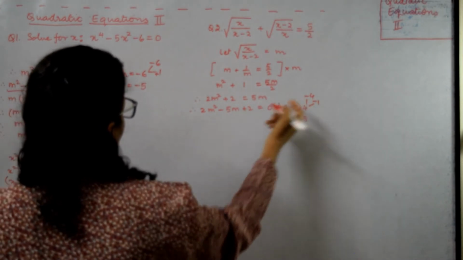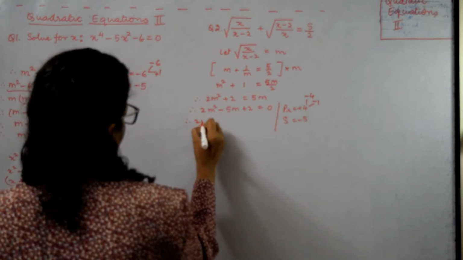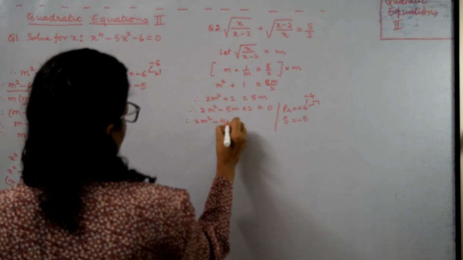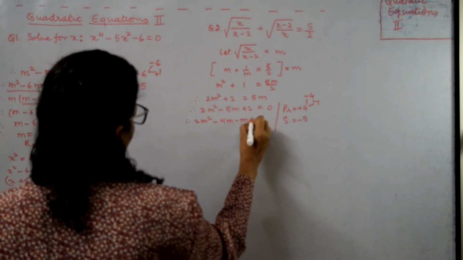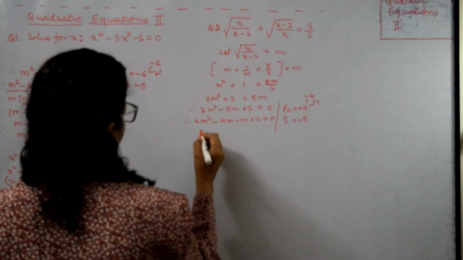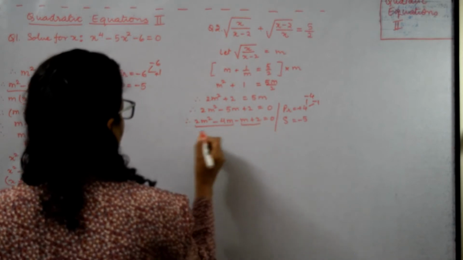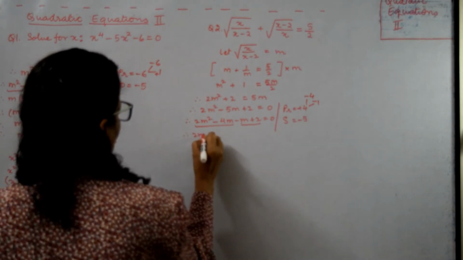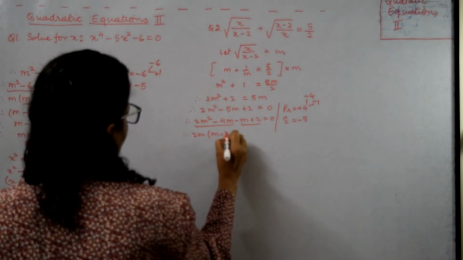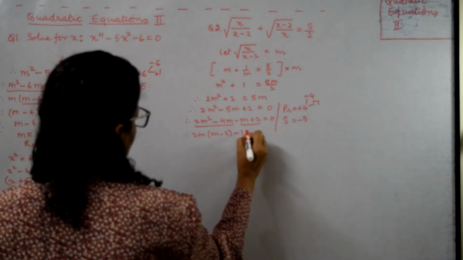So we are now ready to write this as 2m squared minus 4m minus m plus 2 equal to 0. Then again we will do grouping. Here you will have 2m common and you will have m minus 2. Here minus 1 is common.